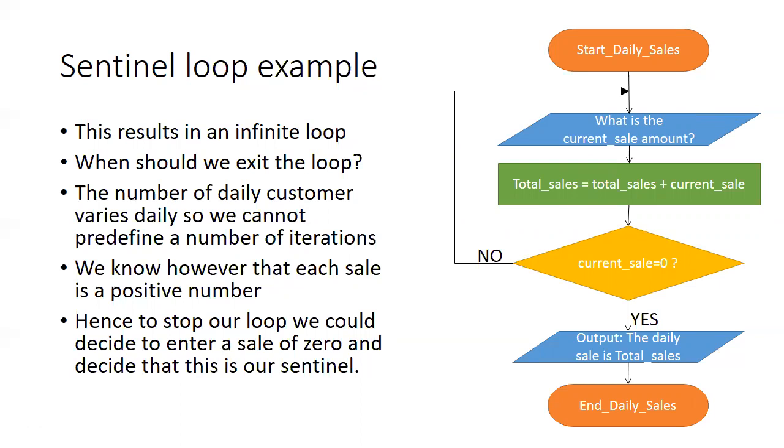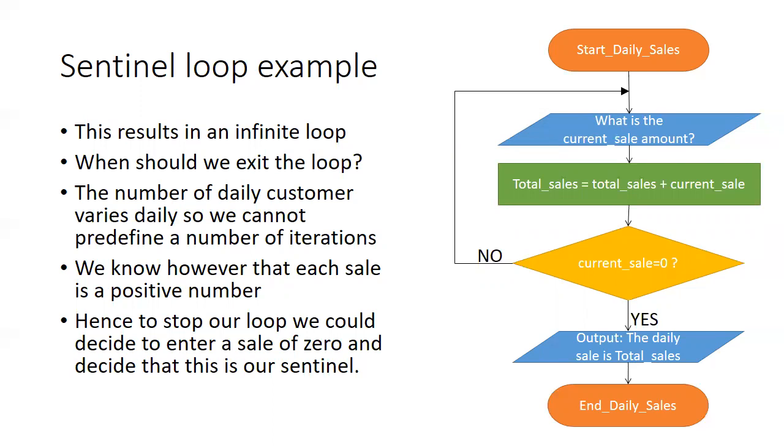We set a Sentinel value of 0. And that would be typical because it's outside the range of what normally a person would put. You wouldn't usually have a sale of 0, right? So we know that the user is not going to probably put a sale of 0. So we can use the sale value of 0 and that will stop our program. That's a way of stopping our program. It's not really all that elegant a way of stopping a loop, but it works.